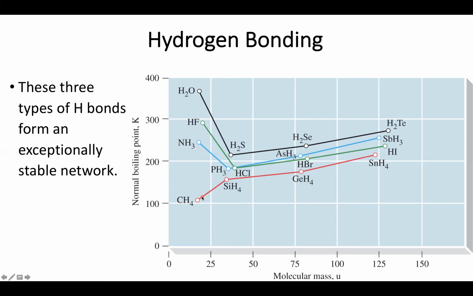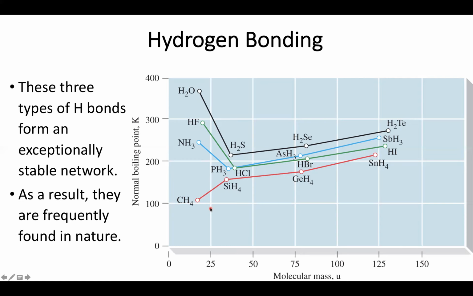Note that carbon does not have that same degree of electronegativity. It doesn't have any available lone pairs, and so it's about right where you'd expect. It is really unstable. And as a result of this extra bonus stability, there is a reason we tend to find hydrogen bonds commonly throughout nature.